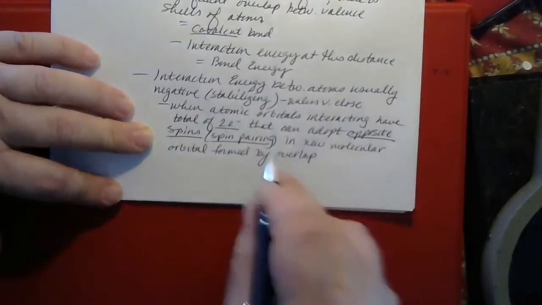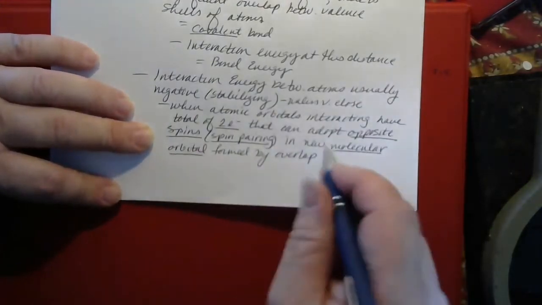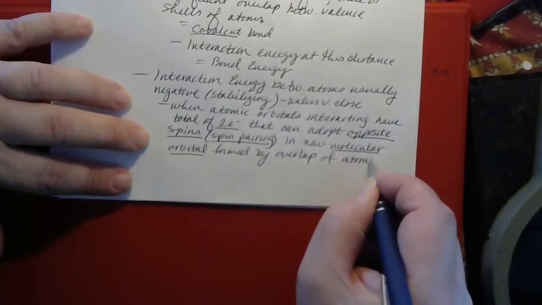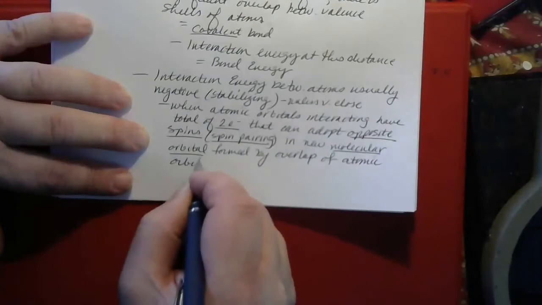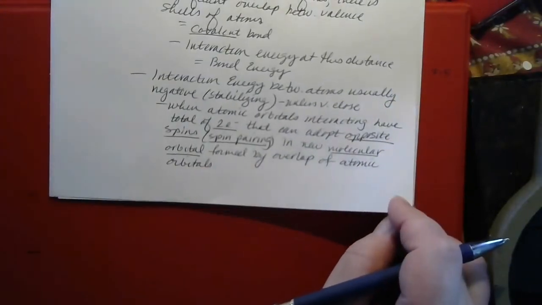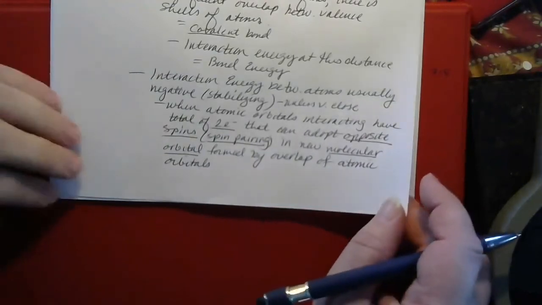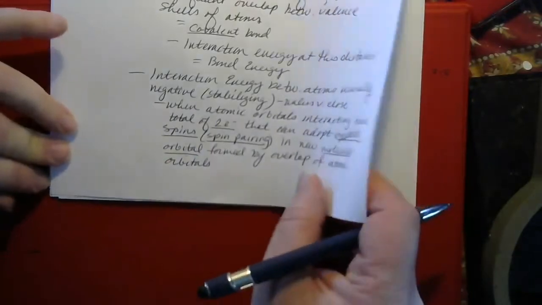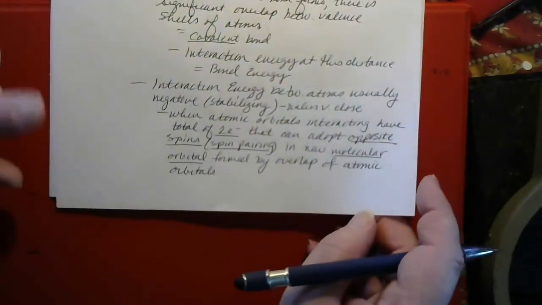This new molecular orbital is formed by the overlap of the atomic orbitals. I don't want to get too far into that because that's a different section that we're really not going to be covering much this session.